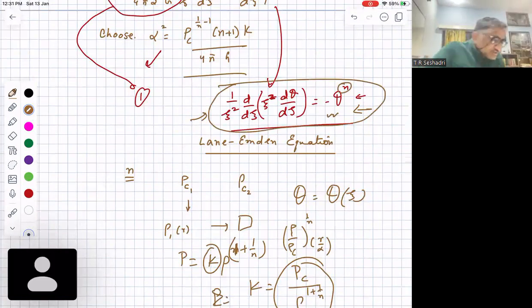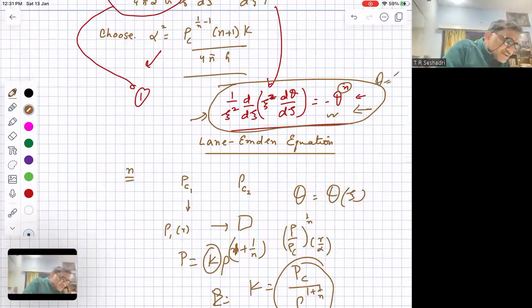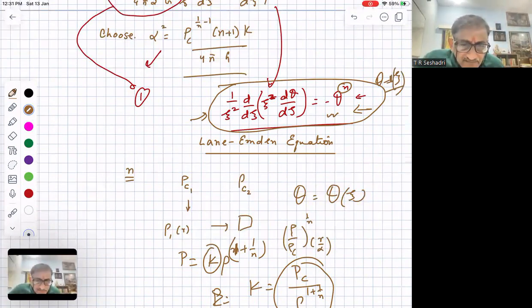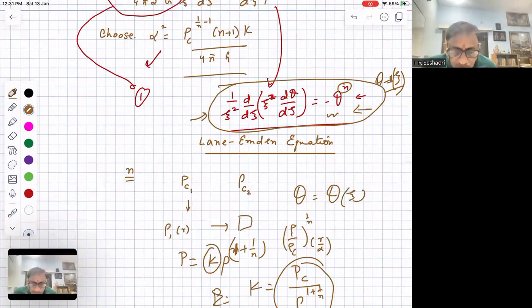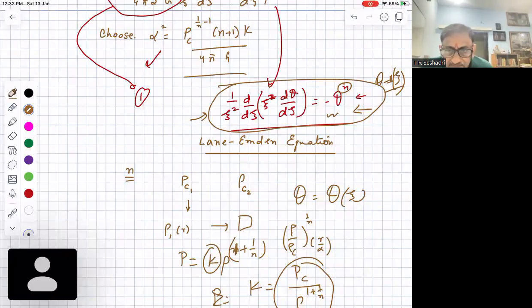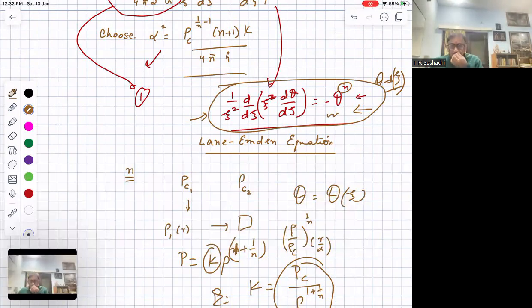So the solution of theta as a function of xi will be the same, whatever be the value of K. Which means that if I have two systems with two different values of K, I know the complete solution of one of them. Just by multiplying by appropriate values of rho c and pc, I can get the solution of the other. It's just a scaling factor, exactly. These solutions can scale. That is the advantage of this one.